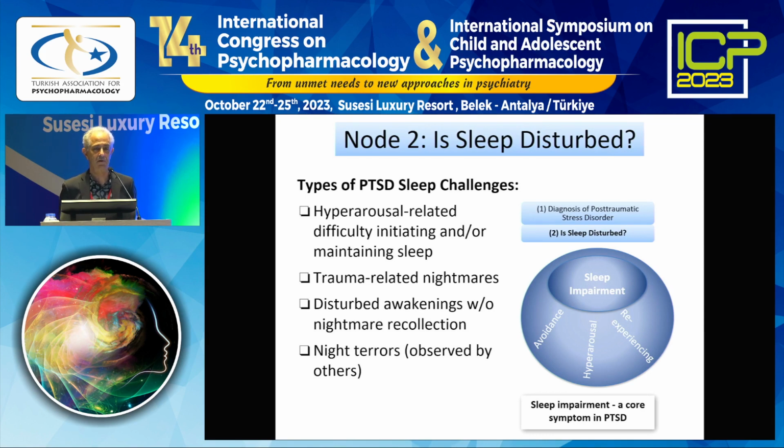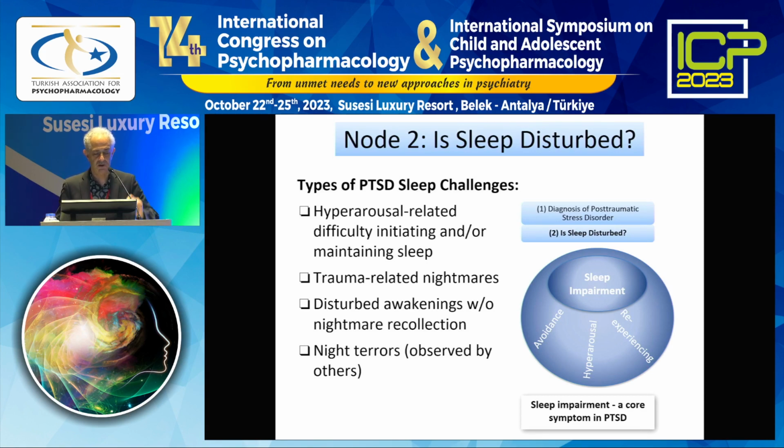Trauma-related nightmares. Anyone who tells you they're having nightmares, at least suspect PTSD, if you hadn't already. Determine the content of the nightmares, and that may lead you back to whatever the trauma is that caused the nightmares. It may well be revealed in the content of the nightmares.